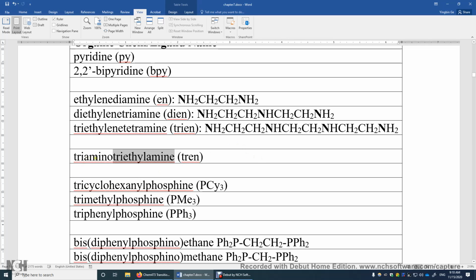So then you have triamino triethylamine. The abbreviation is TREN, with 4 points of attachment. You have 1 nitrogen here, and then you have 3 nitrogen atoms here.